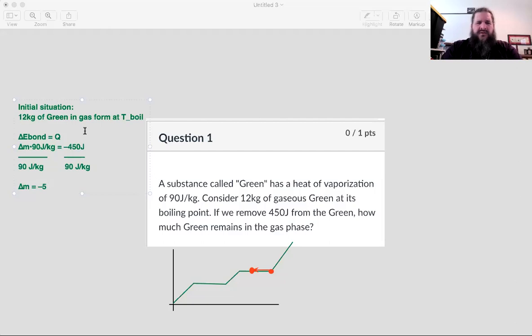And what happens to the units of measurement there? If we're taking joules divided by joules per kilogram, yeah, only kilograms remains. Joules cancels out.